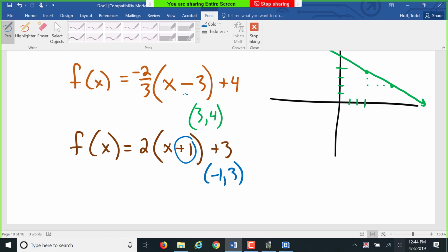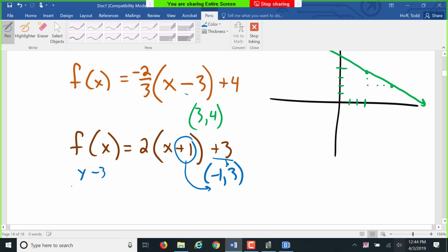Yep. What's in the parentheses with the x is the opposite. That's plus 1, so that means x is negative 1. What's out here is just the y coordinate. Remember, that really should be minus 3 over here with the y, but we moved it over so we could use the function notation. So yeah, negative 1, 3 is right there, and the slope is 2, so we go up 2 over 1, giving us that line.